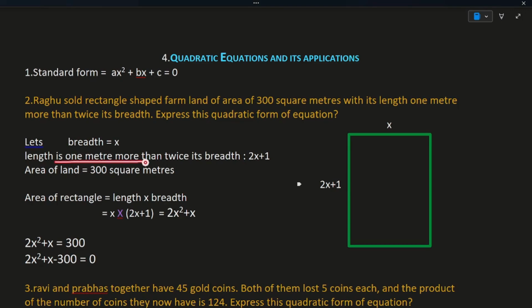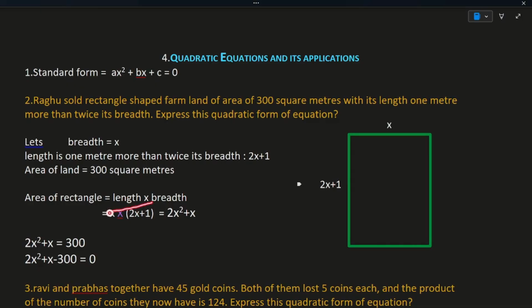1 meter more than twice the breadth, so I am adding plus 1 to the twice the breadth. The area of the land given is 300 square meters. Any rectangular area is length into breadth. In length place, I am substituting 2x plus 1.